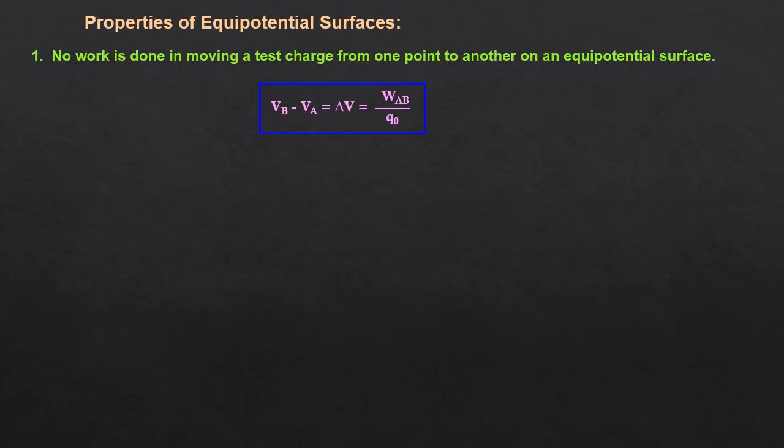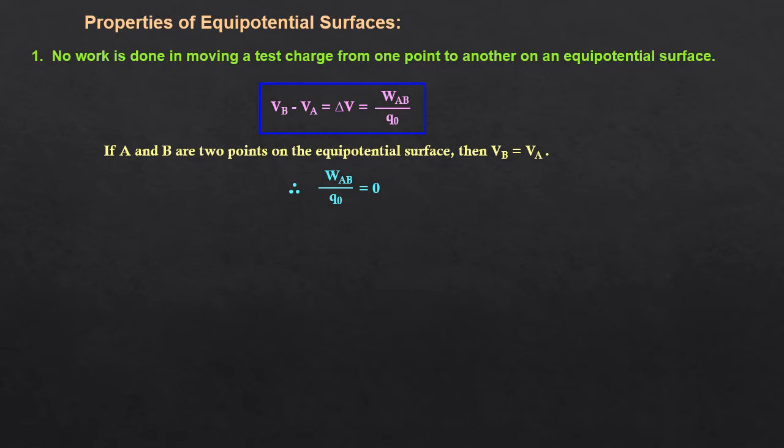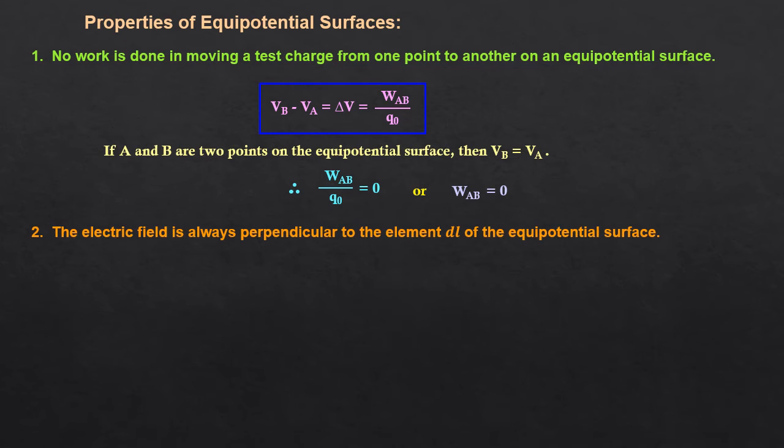That means the potentials VB and VA are equal, or simply delta V is equal to 0. This is possible only when the work done WAB is equal to 0. So we can conclude that no work is done in moving a test charge from one point to another on an equipotential surface. Second property: the electric field is always perpendicular to the element dl of the equipotential surface.